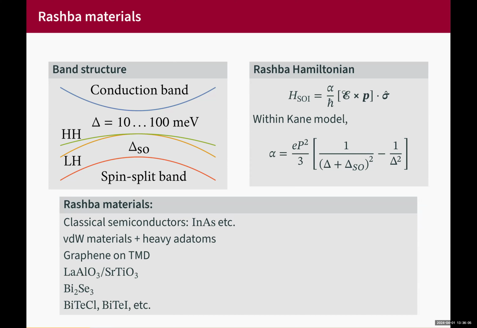And this magnetic field acts on the electron spin, affecting its energy, giving rise to spin precession and all kinds of transport phenomena associated with the spin-orbit interaction. And it's true, but it's only half of the truth.